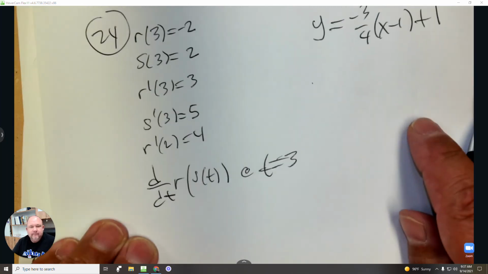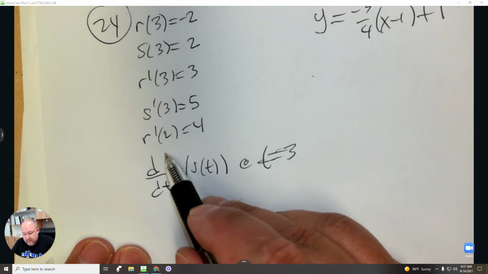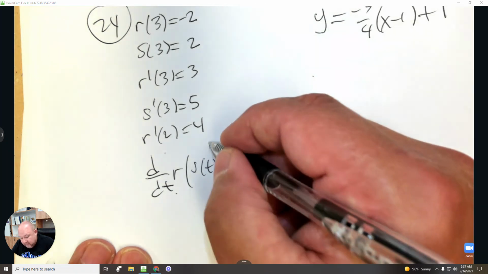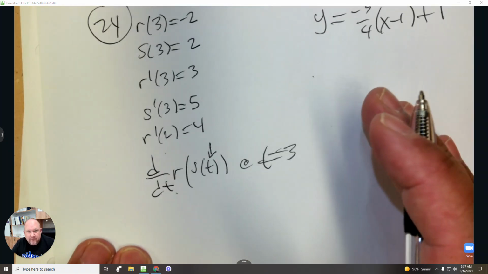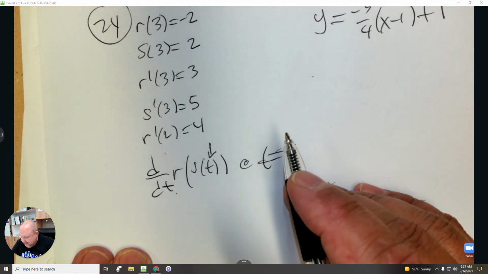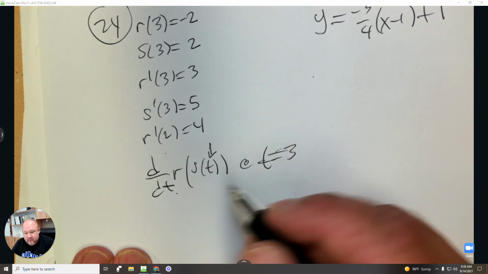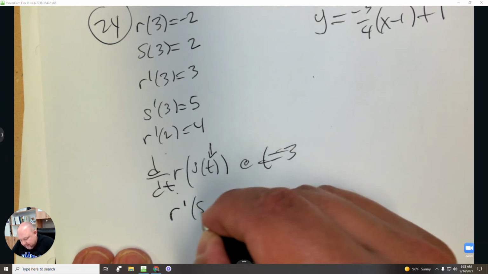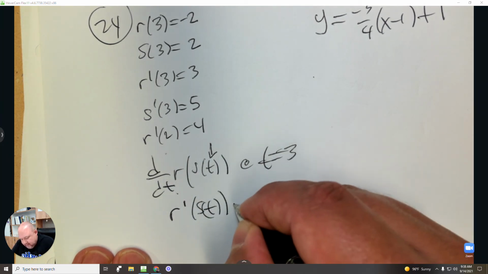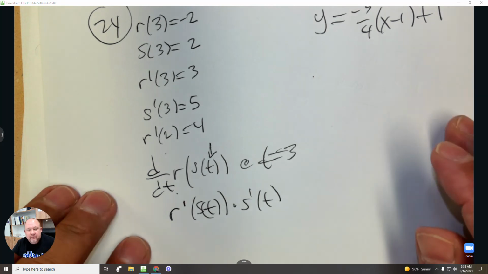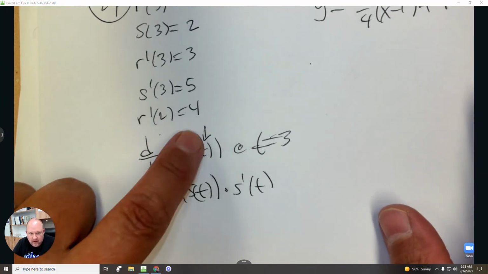All right. So take the derivative with respect to time. Now notice t is the variable, so we don't need the extra hook here. And then we have r at s at t. So it's the derivative of the outside times the derivative of the inside. This is the chain rule with a composite function.